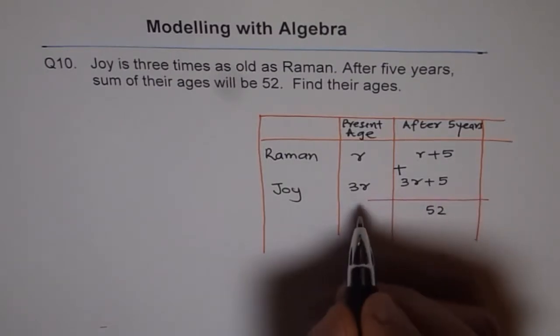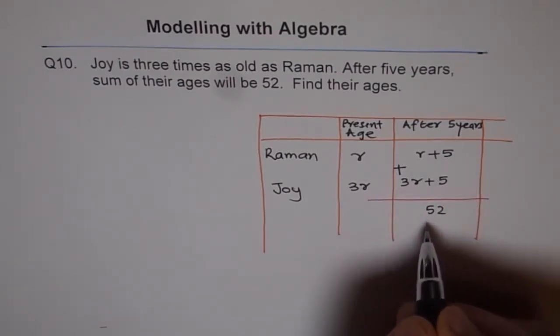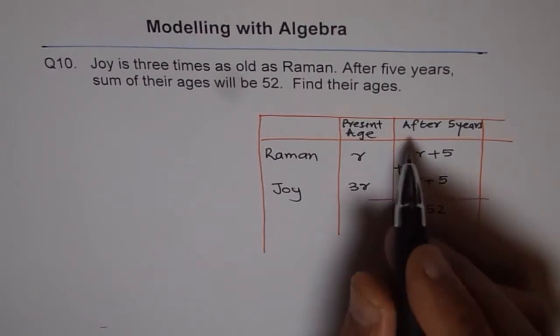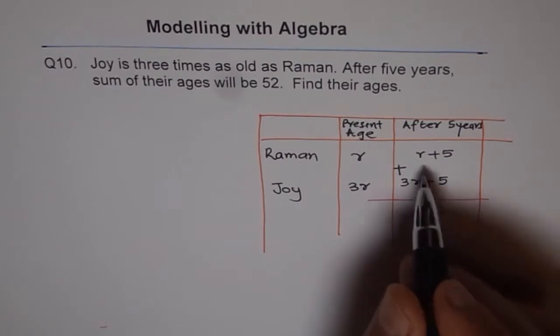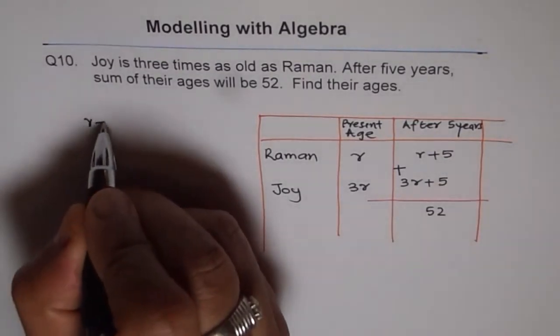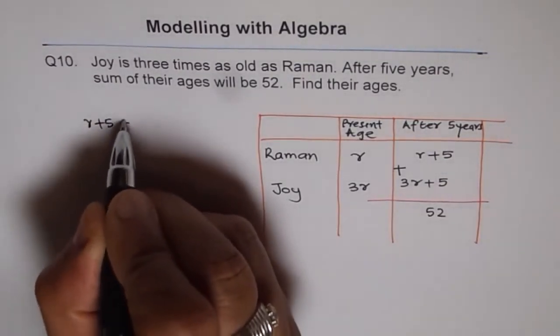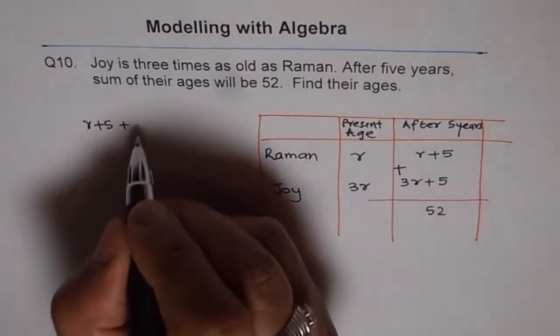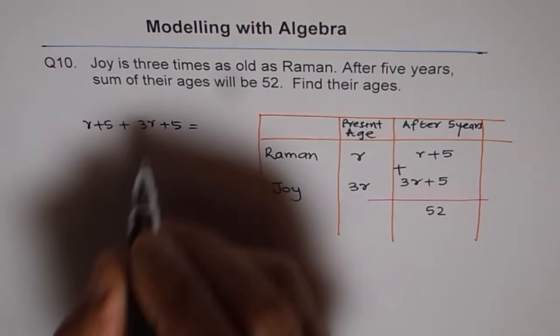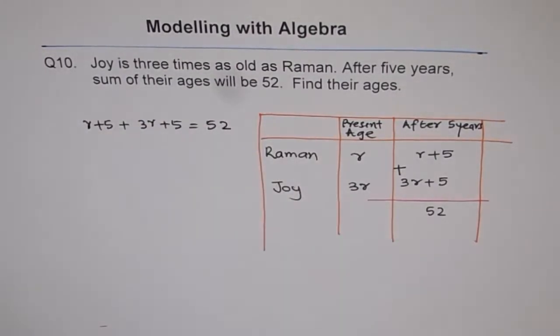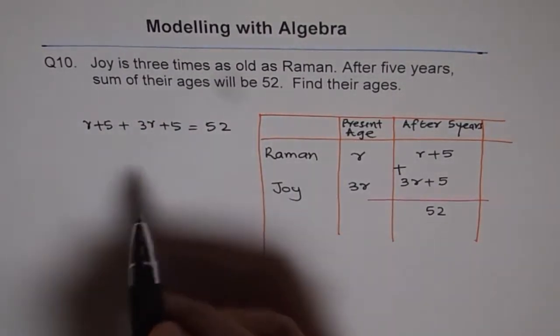Correct? So this is how I get my equation. Now I can solve it.